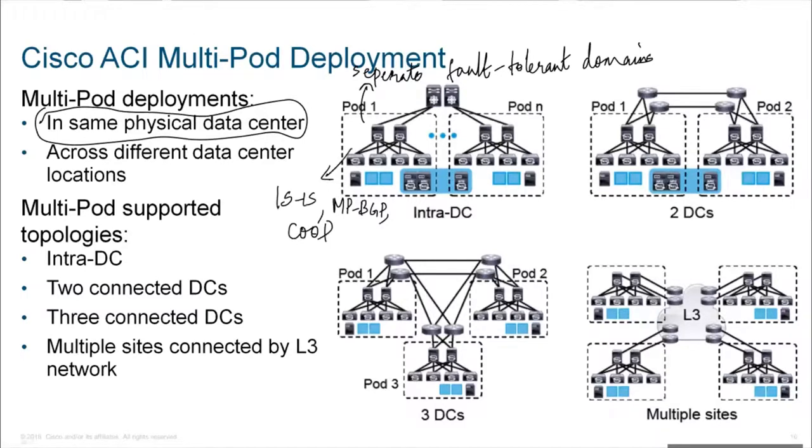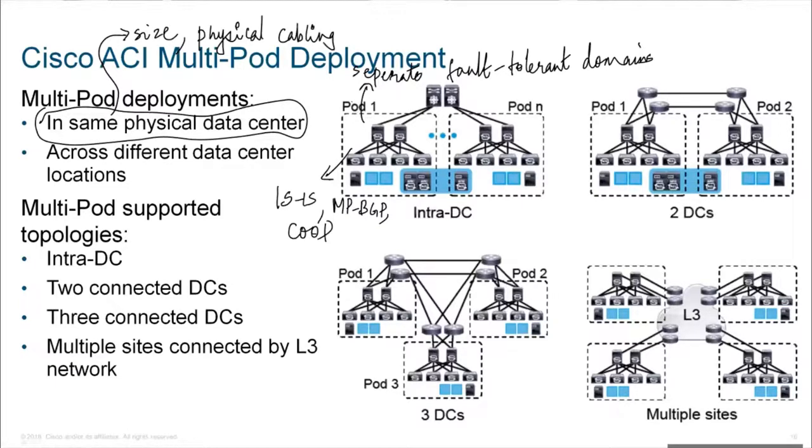Okay, so the reasons could be the way your physical data center is, within the data center, it's usually dictated by size. Okay, size could influence pods. It could be dictated by physical cabling. What if your data center is in different buildings?